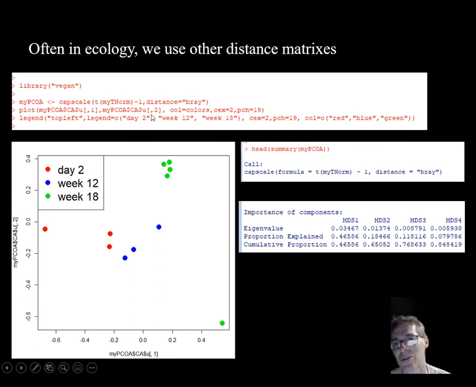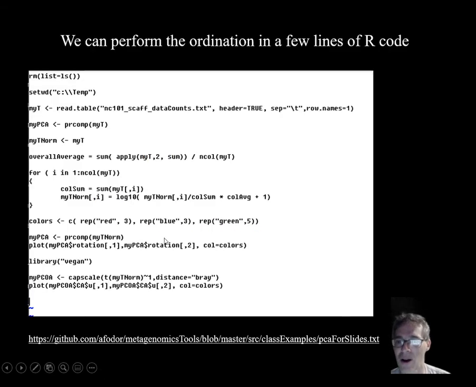So this is the syntax we would use to use this Bray-Curtis dissimilarity instead of a covariance matrix. And of course, because we're using a different library, the PCA components, or in this case PCoA components, are called $CA, $u instead of scores like they are for princomp, or rotation like they are for PRCOMP.